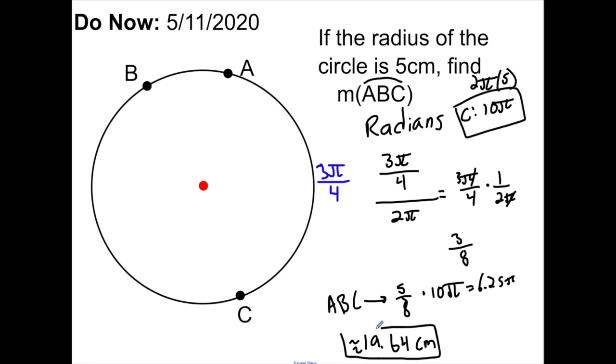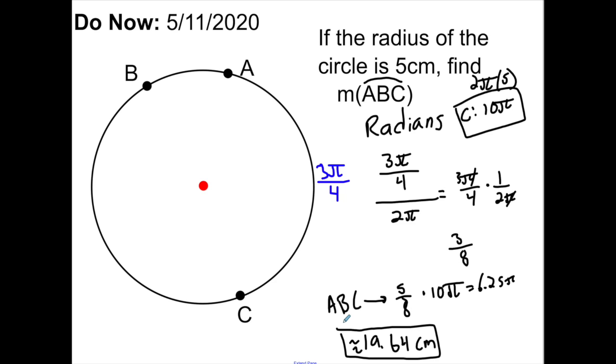This is again reviewing a few concepts. One, radians, the other way to measure angles. With radians, we defined pi to be equal to 180 degrees, 2 pi to be equal to 360.